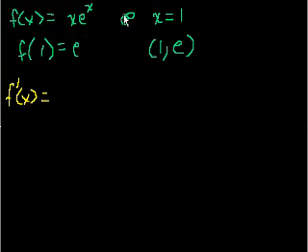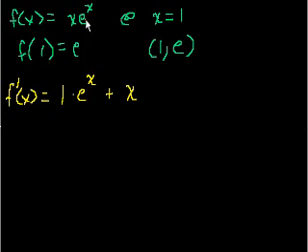So the product rule tells us the derivative of this thing is going to be equal to the derivative of the first function. So the derivative of x is just 1 times the second function, e to the x, plus the first function, x, times the derivative of the second function.